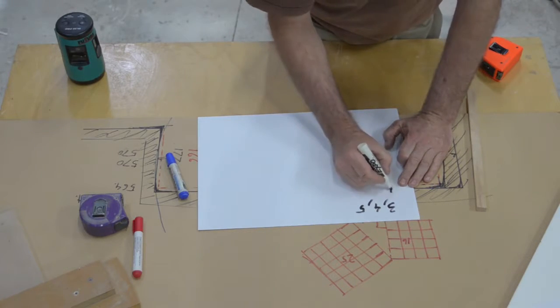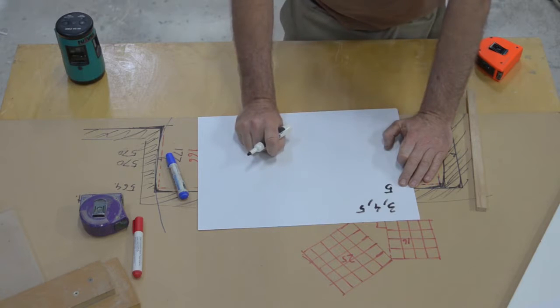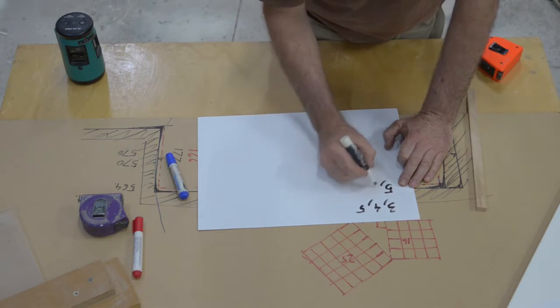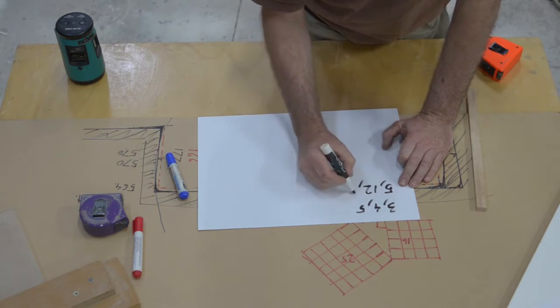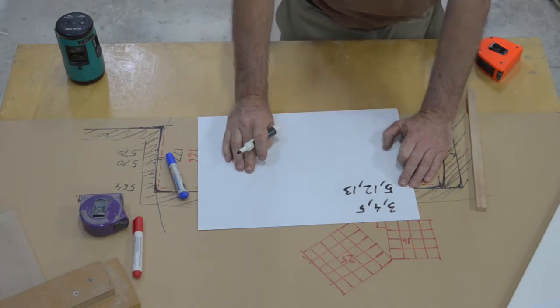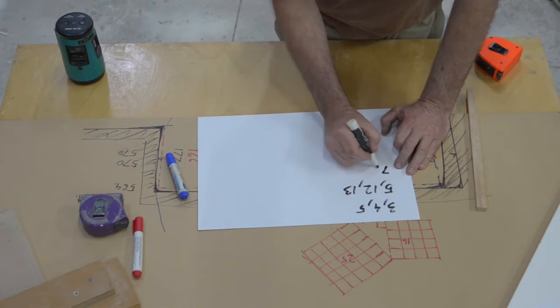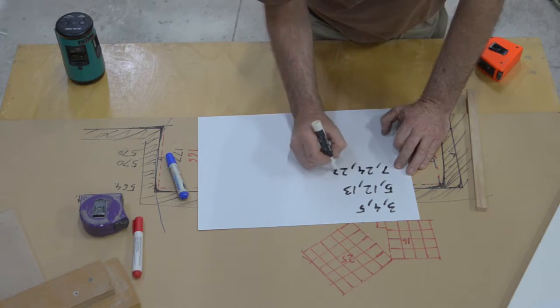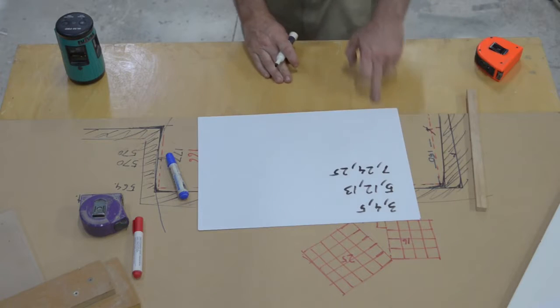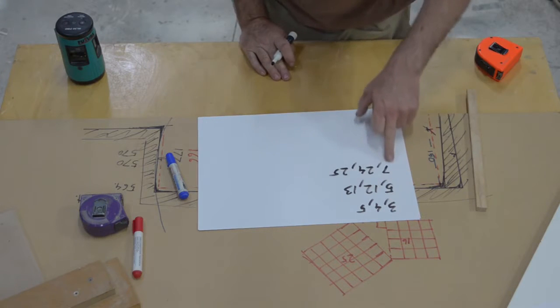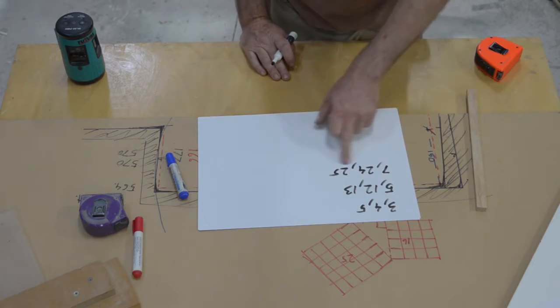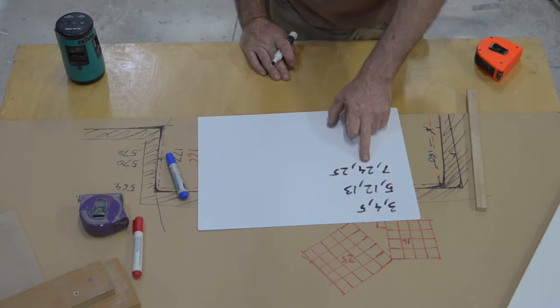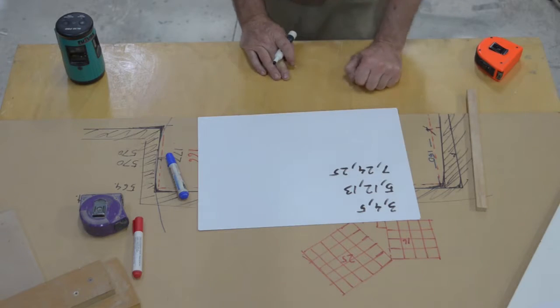The next whole number example is 5, 12, 13. The next whole number example is 7, 24, 25. You can go up. I mean, this will be starting to get impractical because your ability to measure will start throwing deviations in. But I will show you how to achieve that.